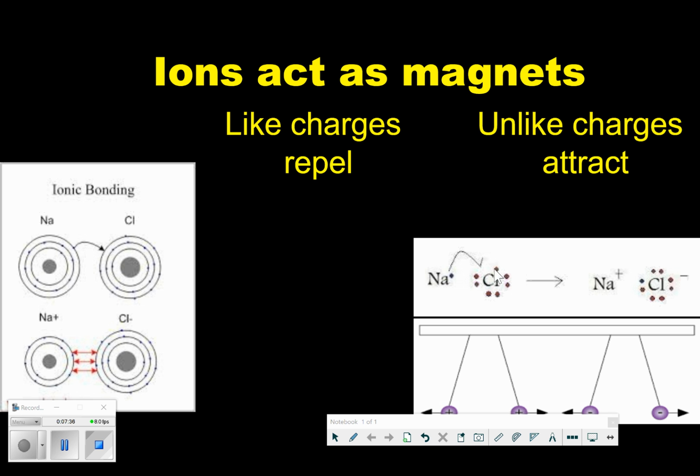Chlorine is going to have more electrons than it does protons, so it's going to become a negative charge. So sodium is positive, chlorine is negative. They are unlike charges, so they're going to attract. Versus if you have 2 things that are positives, they're going to repel each other. So like charges repel, unlike charges attract, just like magnets.